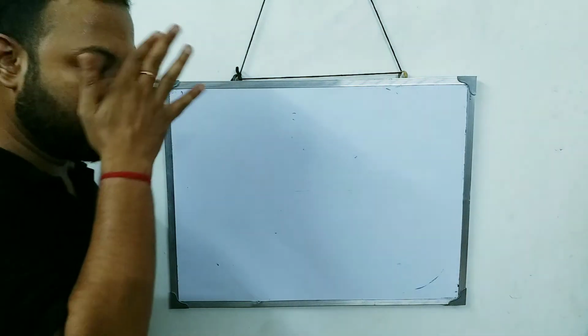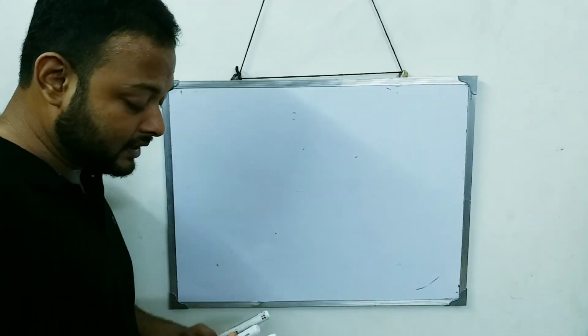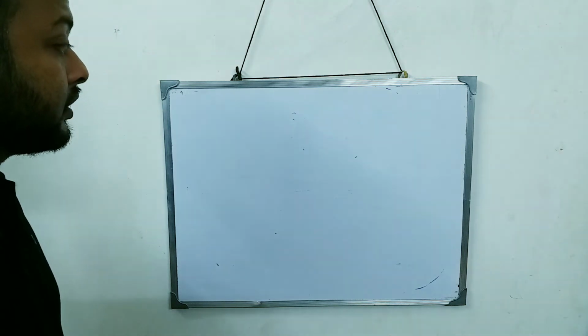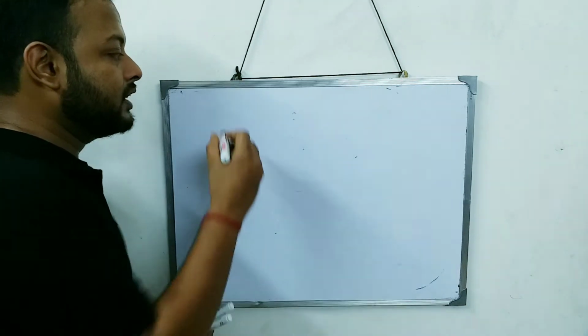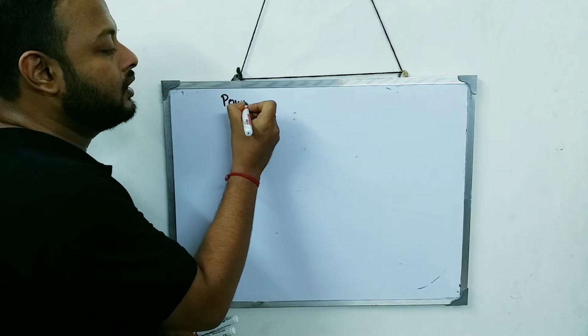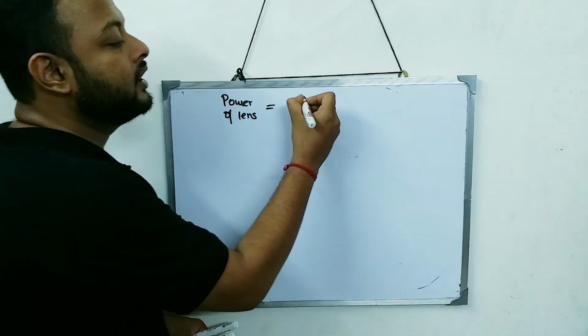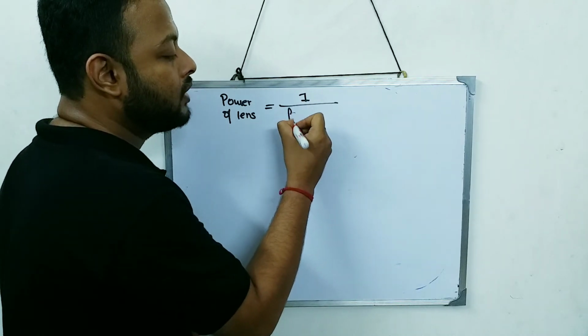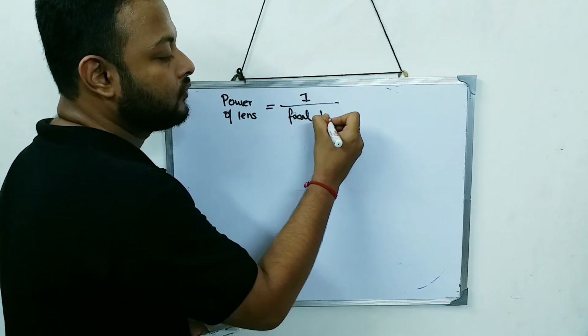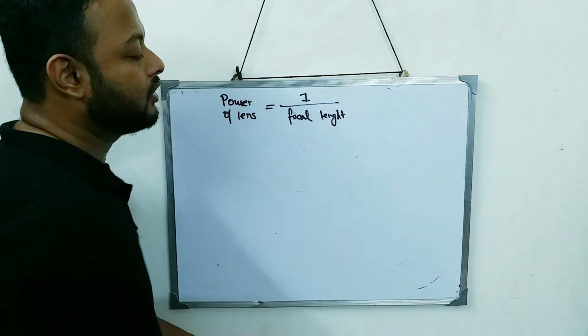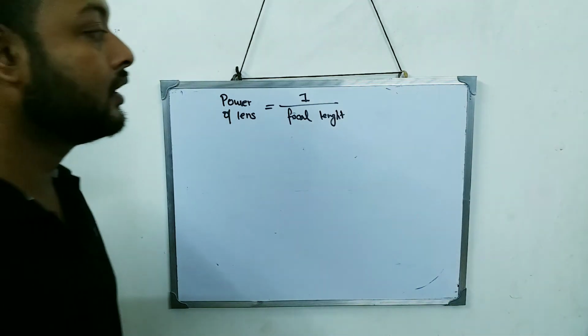Now let's talk about the power of lens. What is the formula? The formula is 1 by focal length.